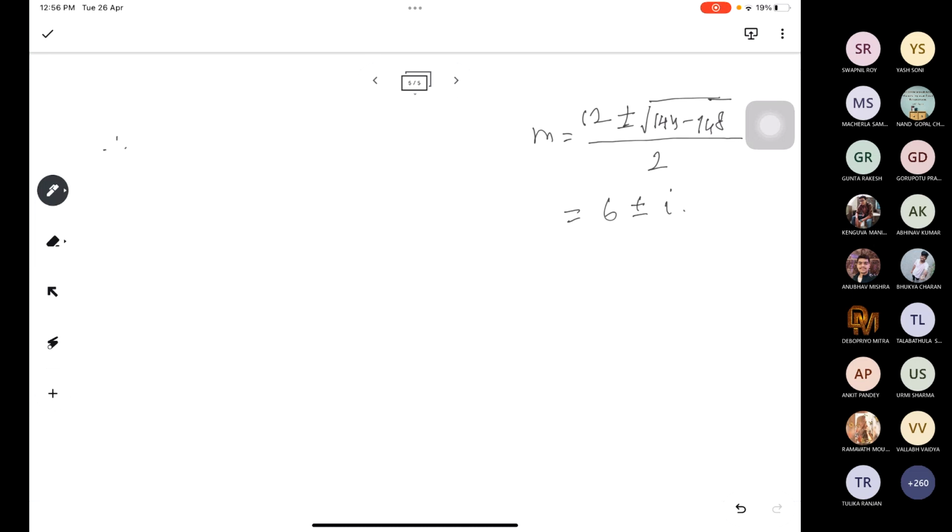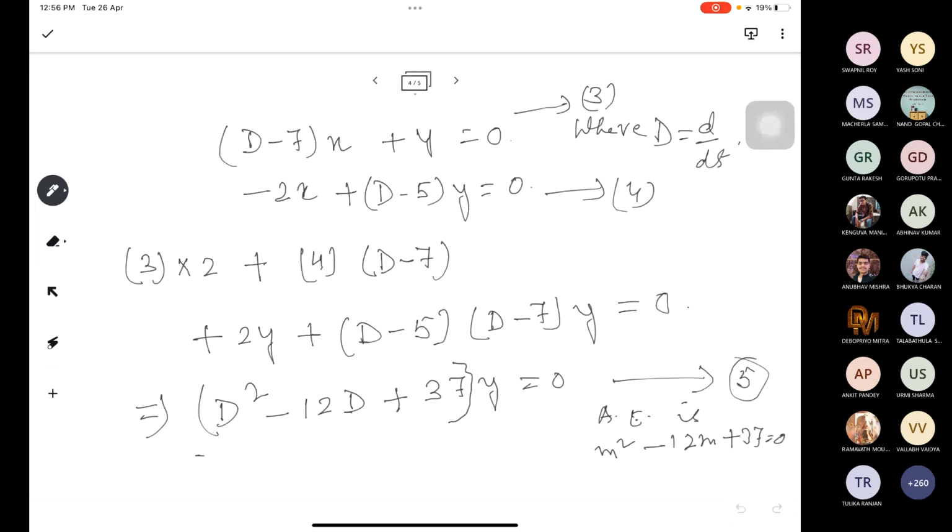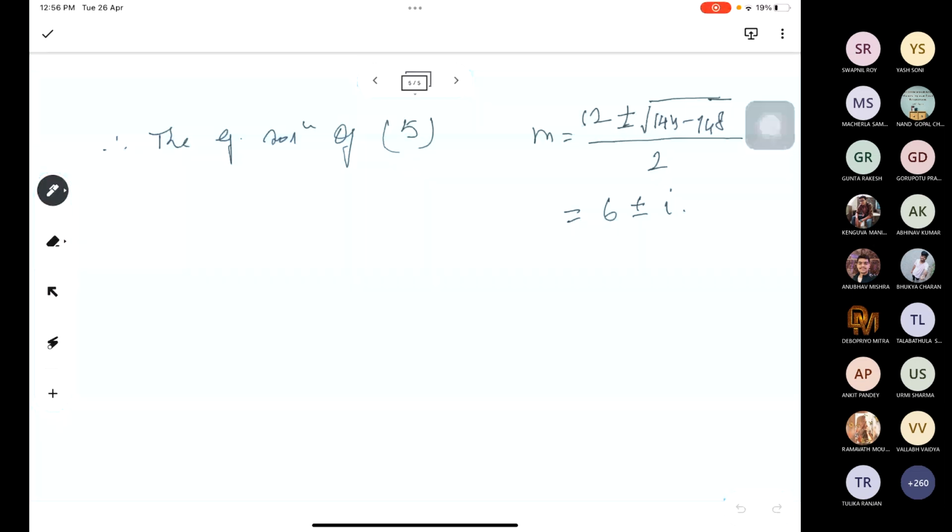So therefore, the solution of equation 5, I marked this equation, yes, equation 5: y is equal to, what will be the solution? e to the power of 6t times C1.